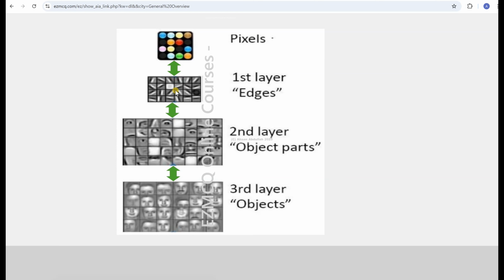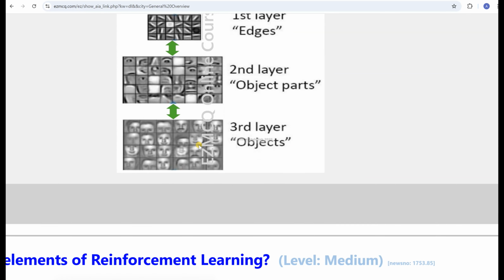We as humans may have a very difficult task doing this because that's not the way our brain works. So the first layer is finding the edges, where the gray values are changing significantly, and then the second layers form object parts, and then the objects themselves.